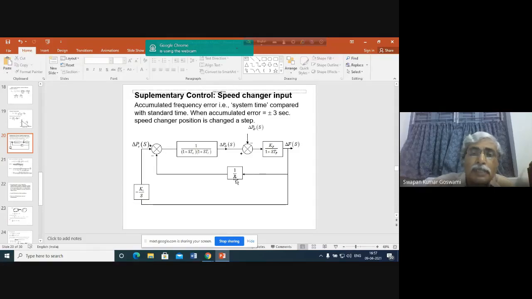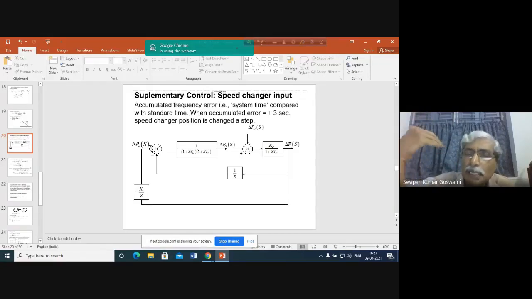As a result, what will happen? This particular generator or power station where the speed changer position has been changed will generate an increased or decreased amount of power depending upon the increase or decrease in demand.